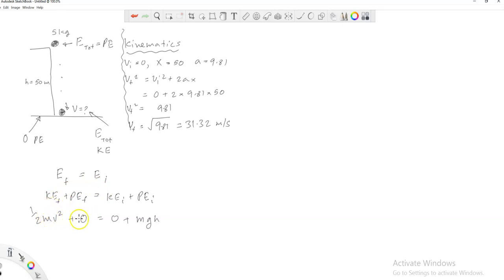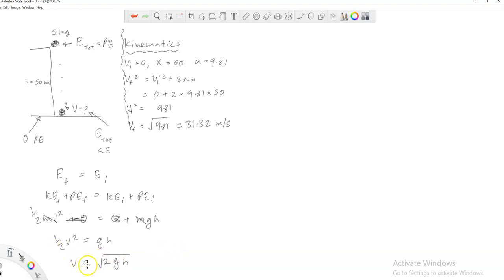So the zeros just vanish. You can divide both sides by mass, and it cancels out. We have half v squared equals gh. What we need is v, so the half comes to the other side, v squared equals 2gh, and then we take the square root to remove the square.